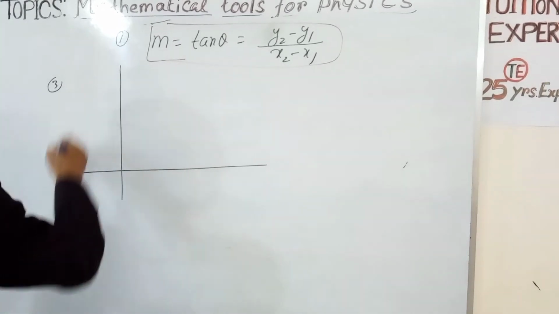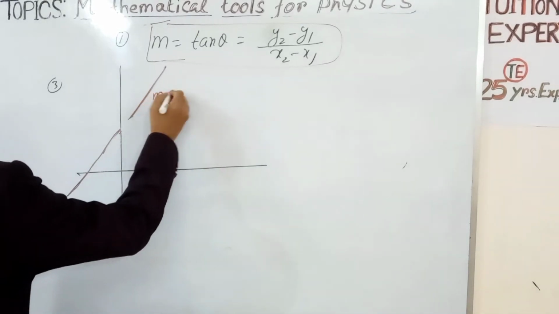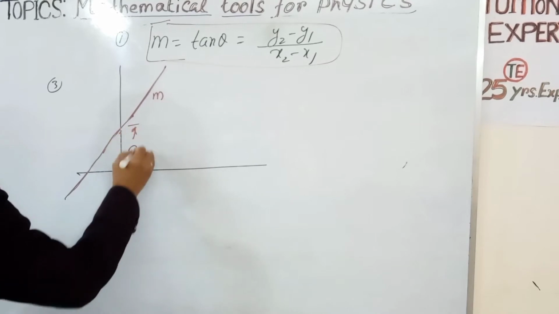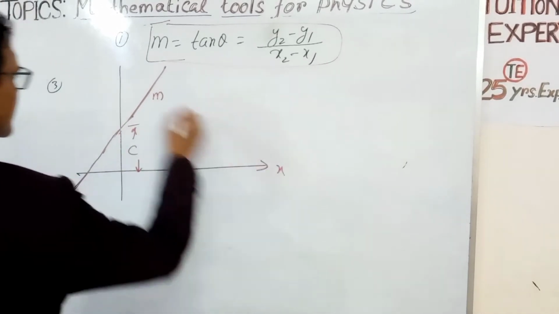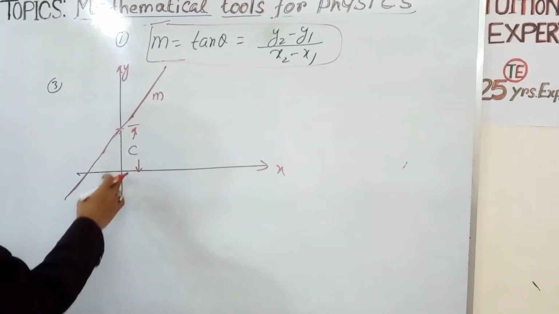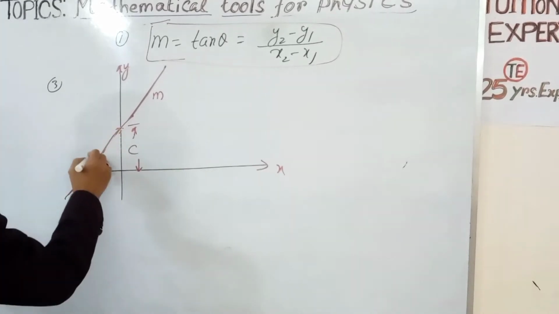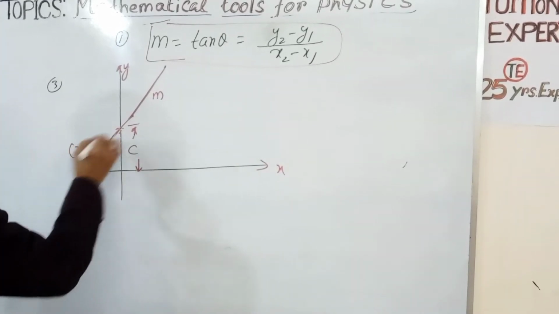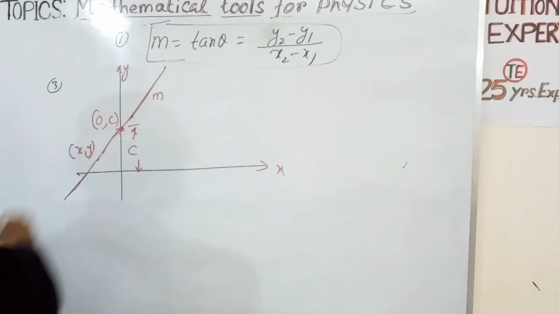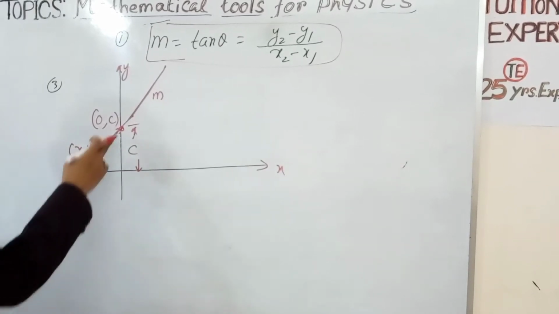Suppose this is a line whose slope is given as m and which cuts an intercept of c from the y-axis. This is the x-axis, this is the y-axis. The intercept is c from the y-axis. So what is the equation? Take a general point x y, and the other point will be x equal to 0, y becomes c. Always take a variable point x y and another fixed point here 0 c.